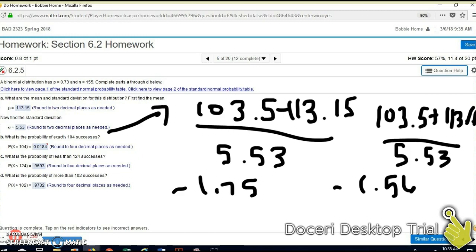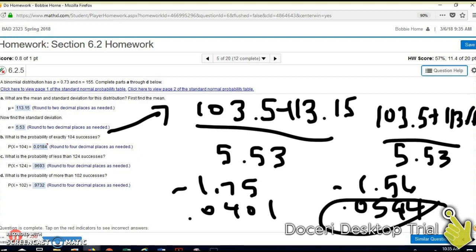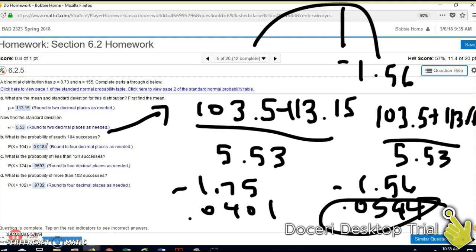Then once you look those up in your values, you get 0.0401 and 0.0594. Remember, we want the probability that's in between these two numbers. So remember, this is the area under the entire curve. But we don't want, here's negative 1.56 and here's negative 1.75.